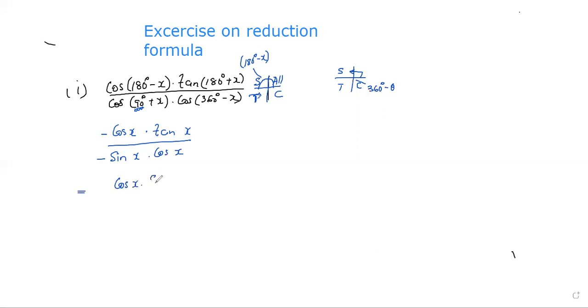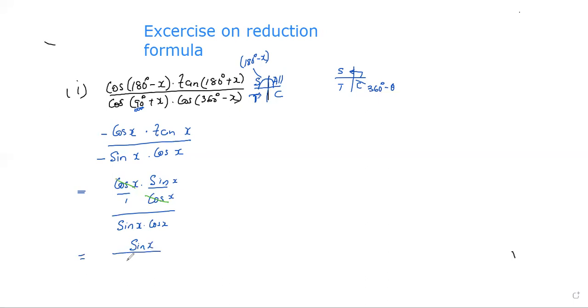A tangent is sine x over cos of x, and then this is the sine of x multiplied by the cos of x. Mathematically, the cos x will drop out, and you remain with the sine of x.